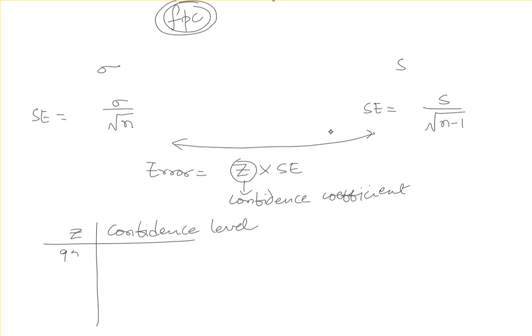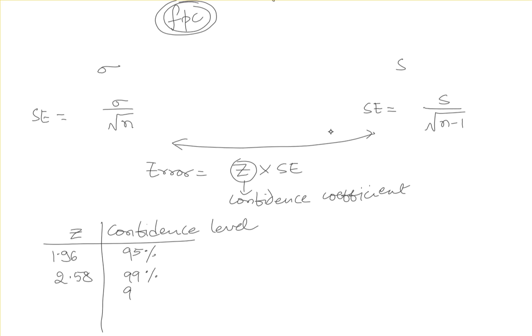If Z is 1.96, then it is 95% confidence. If it is 99%, then it will be 2.58.